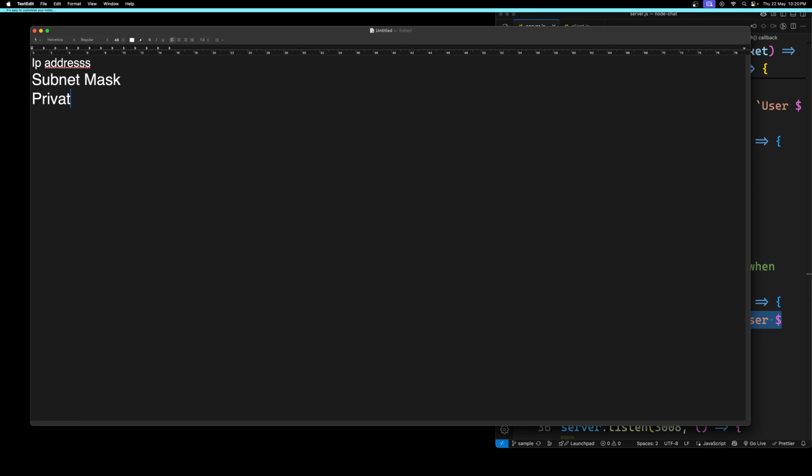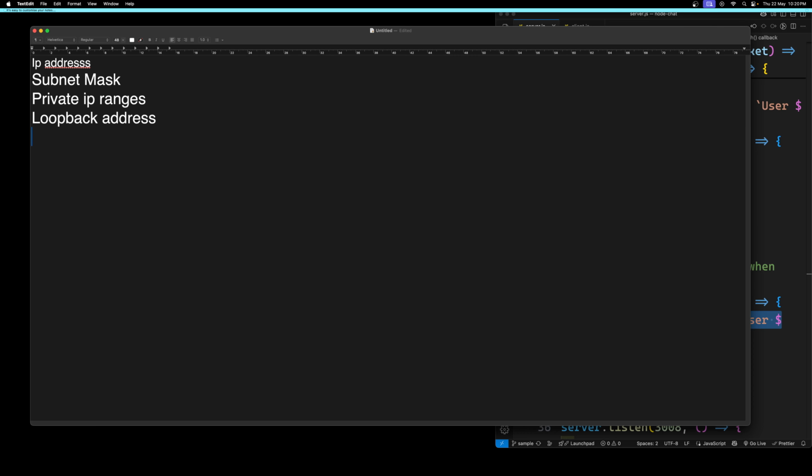We will also learn about the private IP ranges: what a private IP is and what the ranges for it are. And we will touch on the loopback address. What is this loopback address? We'll see about this one also. So stick around with me, and by the end you will have a solid understanding of these network basics.